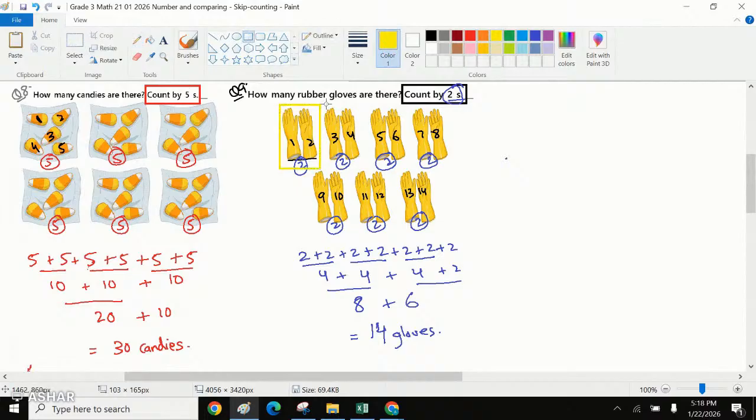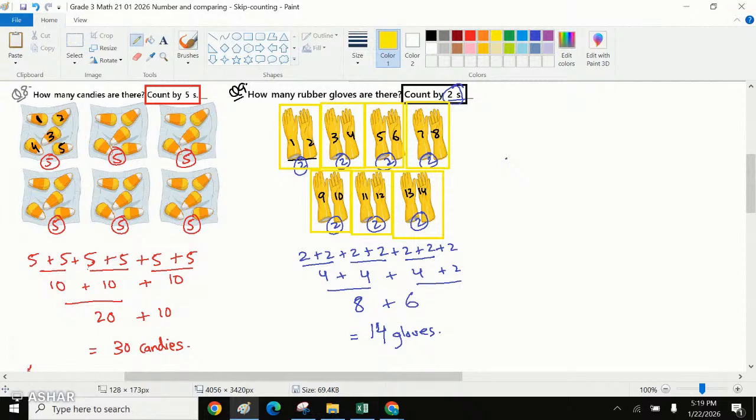We have 2 pairs, 3, 4 pairs, 5 pairs, 6 pairs, and we only have 7 pairs, right? So if the question says how many rubber gloves are there, that means 14. But if they're talking about pairs, a pair is always done in 2. So there would be 7 pairs, right? 14 gloves, 7 pairs.